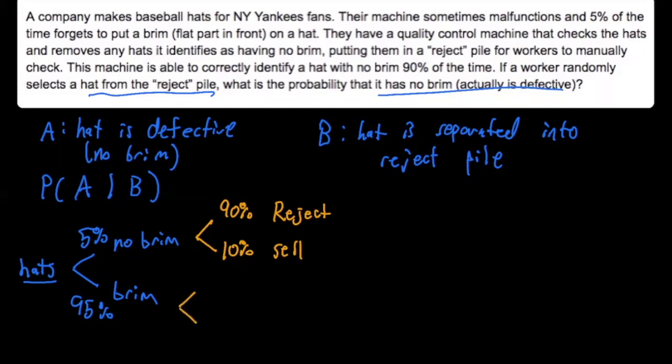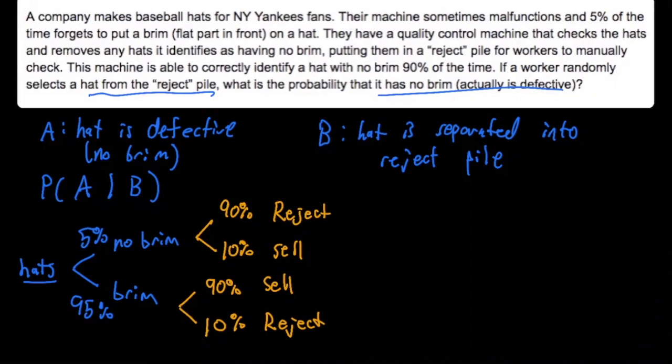Assuming the hat has a brim, again, 90% of the time it identifies it and it goes ahead to sell that hat. 10% of the time, though, it incorrectly identifies, so it's only accurate 90% of the time, and it places the hat in the reject pile. So we're looking at what's the probability that, given it's in the reject pile, it has no brim.